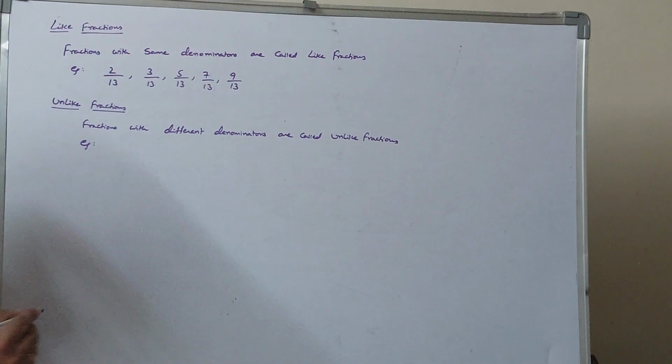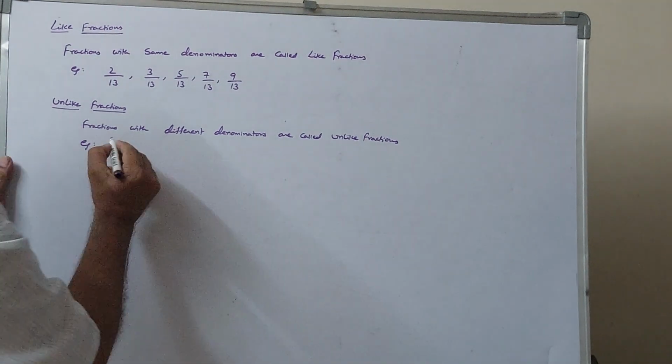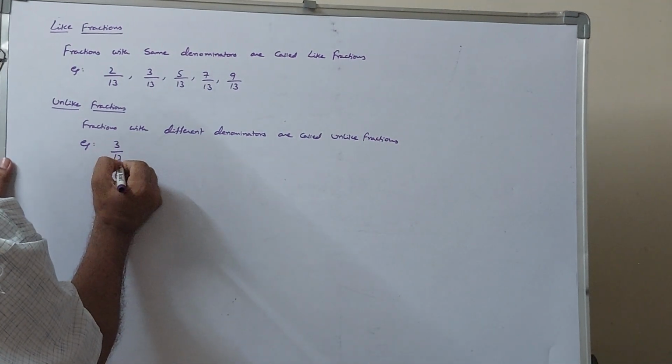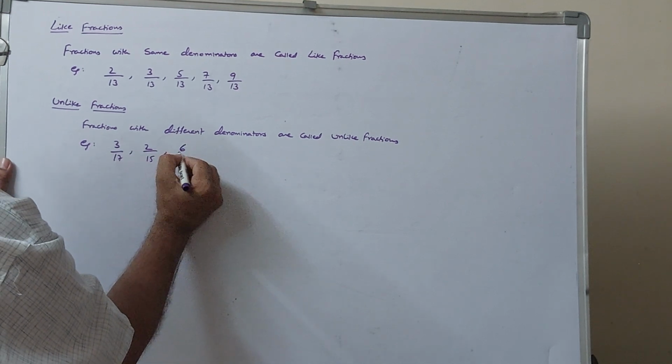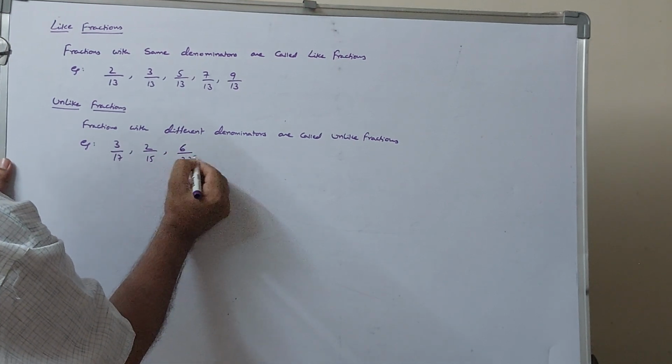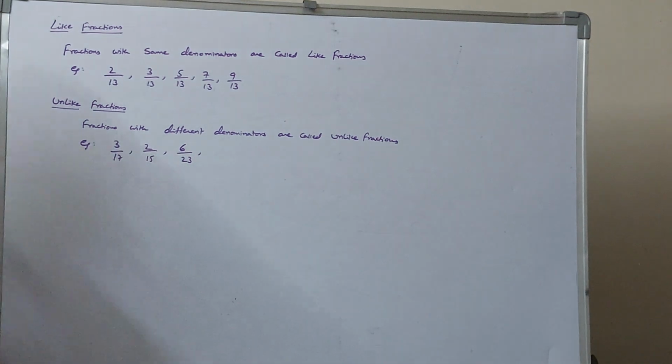Example: 3 by 17, 2 by 15, 6 by 23, like that. These are all unlike fractions.